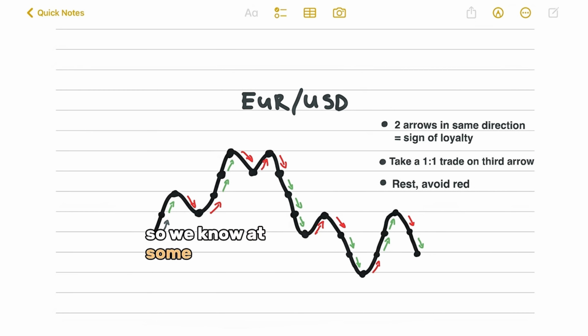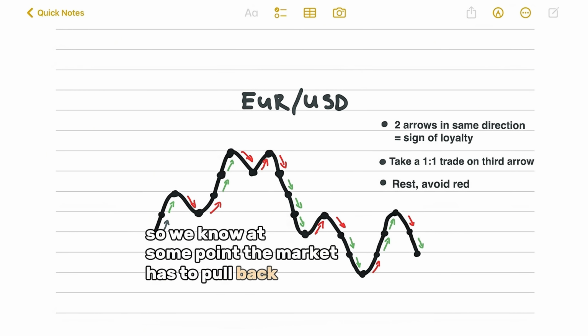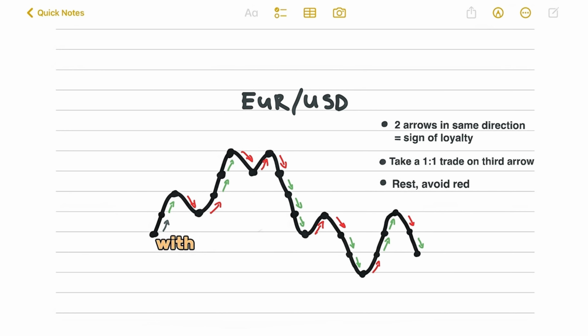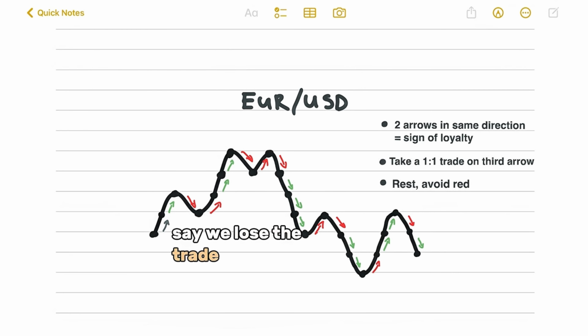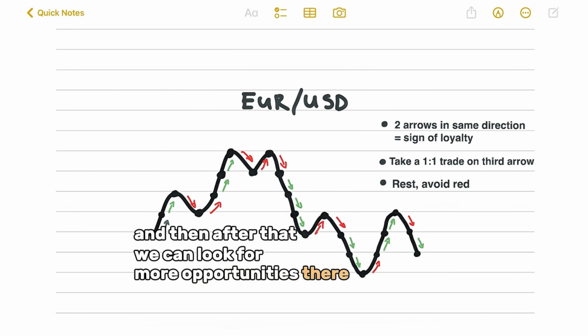So we know at some point the market has to pull back and take a breath. With that, before the market rests, we are only going to take one trade. It doesn't matter if we lose the trade or win the trade. Say we lose the trade, we're not going to look for another trade on the same leg. We're going to wait for the market to rest, and then after that, we can look for more opportunities there.